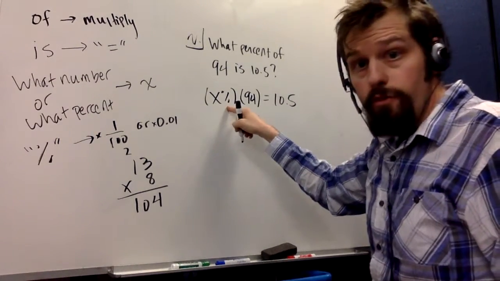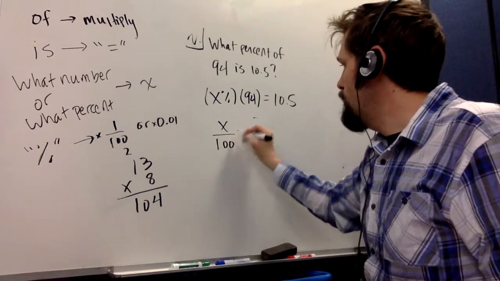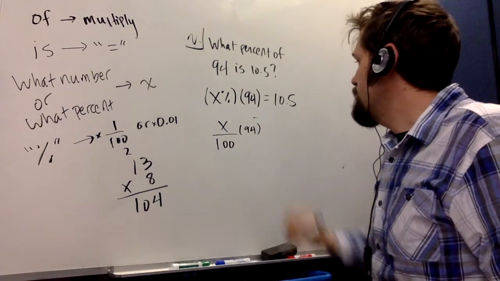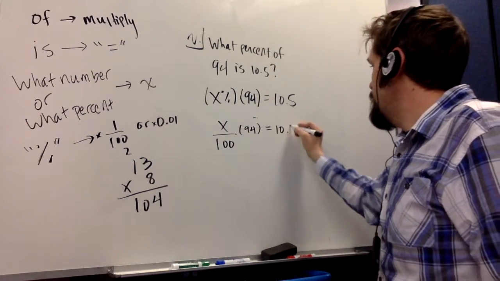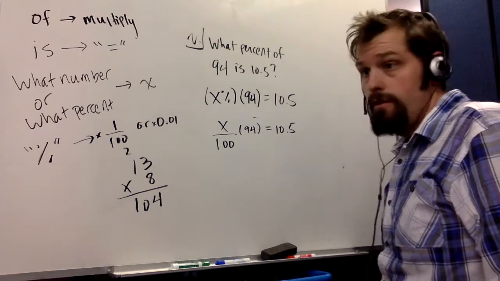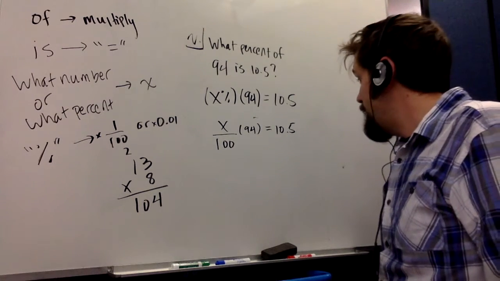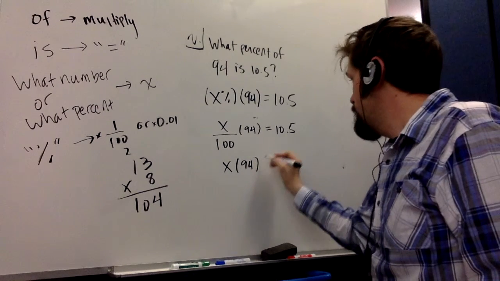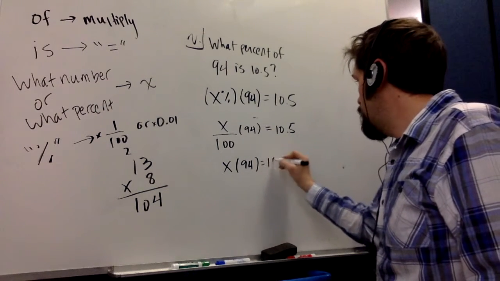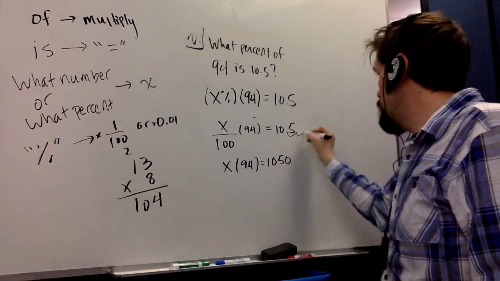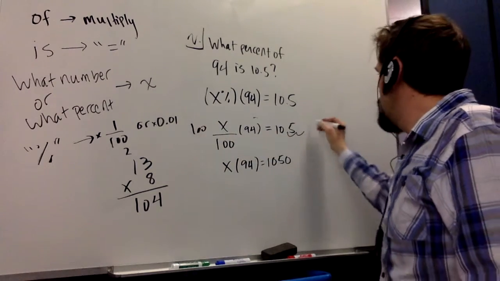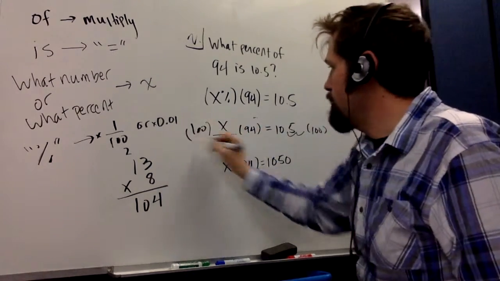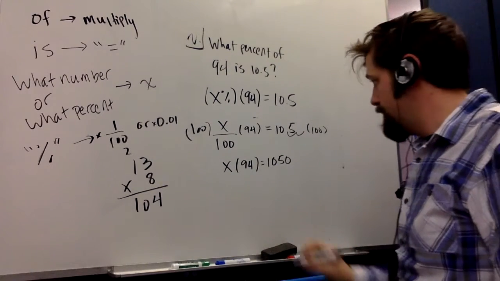So x percent, that means x divided by 100 times 94 equals 10.5. And now we know that x times 94 has to be equal to 1050 because we multiplied by 100. That moves the decimal point 2 places to the right.